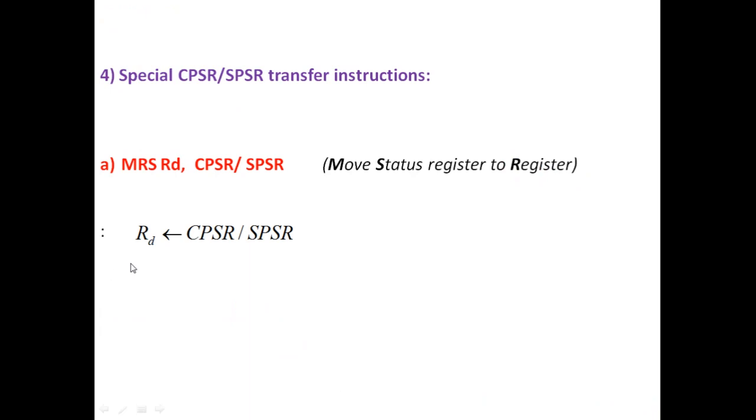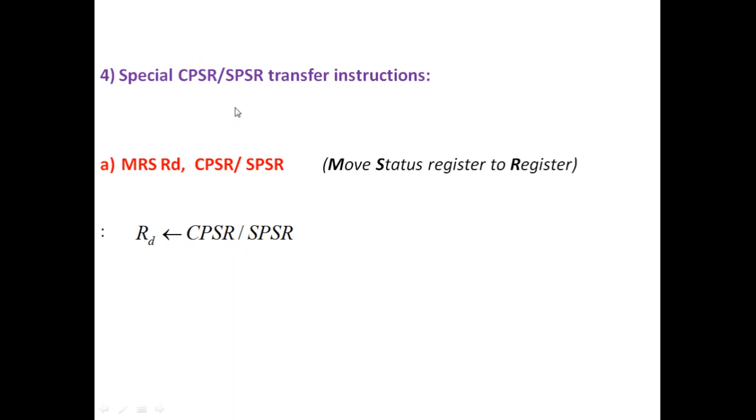Now there are some instructions which deal with the CPSR and SPSR registers. Now current program status register or saved program status register are special registers in the ARM processor, and there are some instructions which are concerned with these registers.